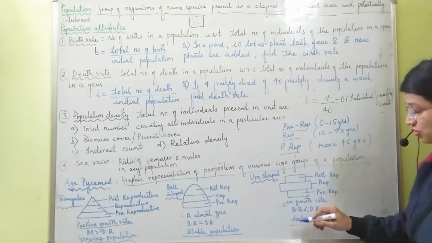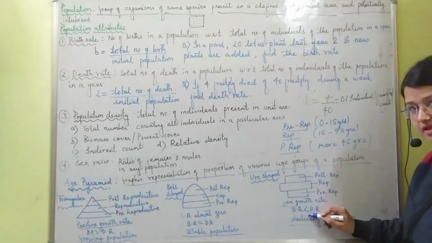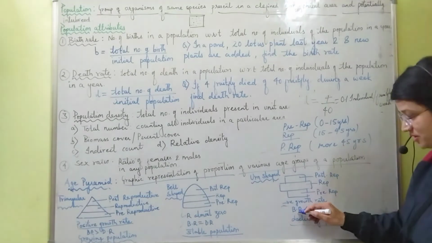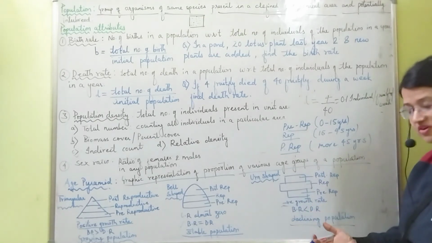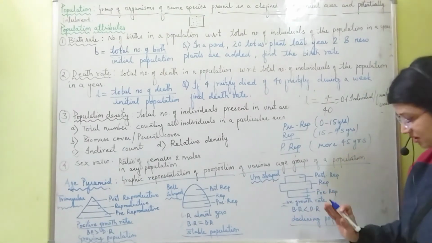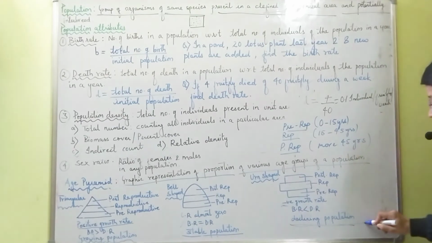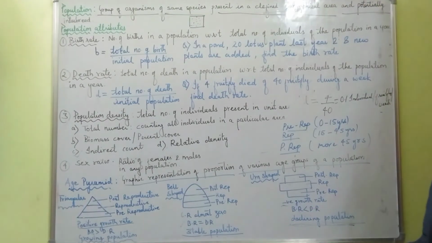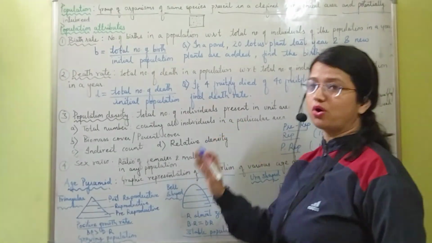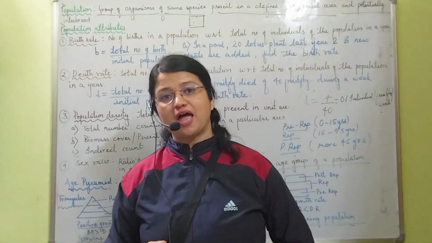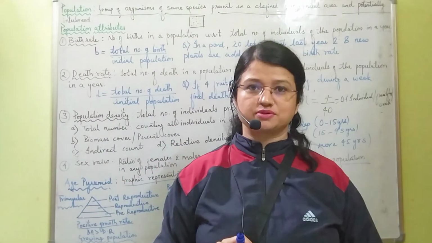Why is there a negative growth rate? Because birth rate is less than the death rate. If birth rate is less than death rate, obviously we will get a negative growth rate, and this type of population will be called a declining population. So this was all about the population and population attributes. Thank you.